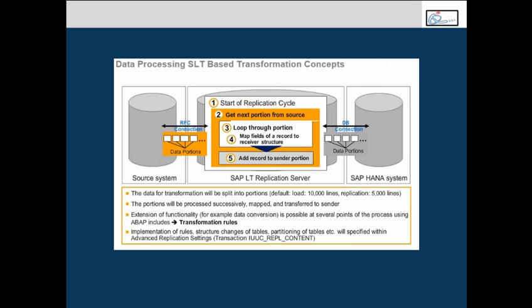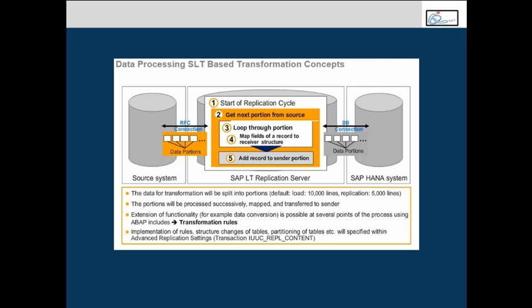We can control the events. We'll see that. For all the transformations, we use the T-code IUUC_REPL_CONTENT. If it is before SP5, we use IUUC_REPL_CONTENT; if it is the latest support pack, we use LTRS.